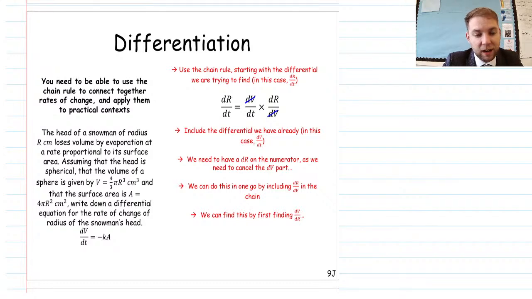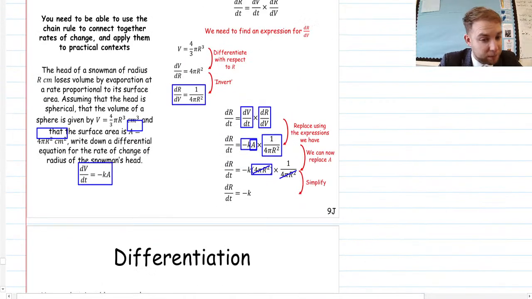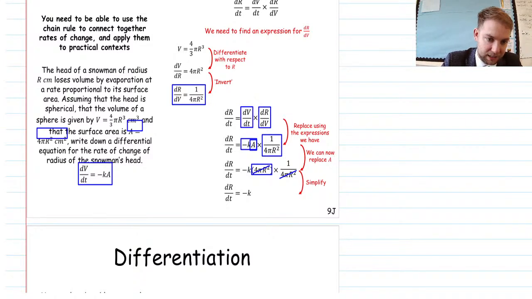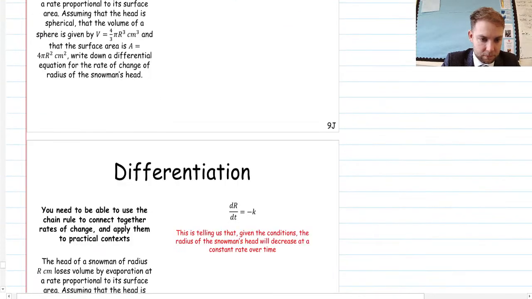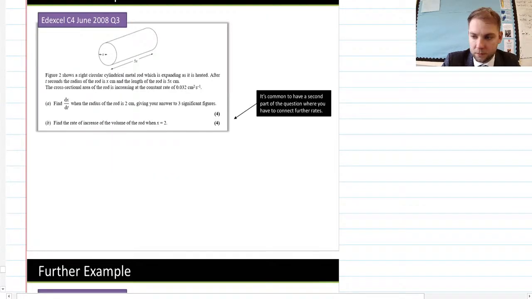What we can find is the rate of change in the volume in terms of the radius, and then we can use them. The last little part is we sub everything in, and we see that these two here will cancel, so we just end up with dr by dt is equal to minus K. Brilliant. Alright.